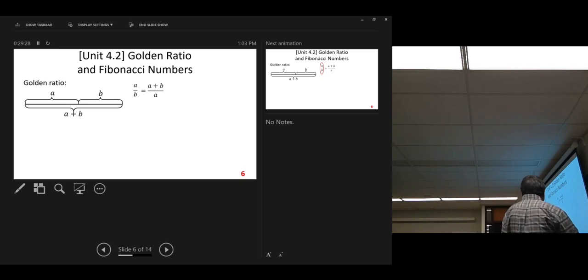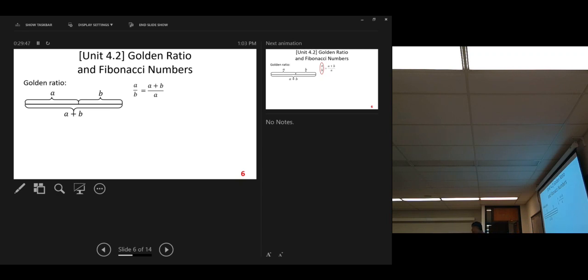All right, let's calculate this ratio. Suppose we have this relationship. How to find the ratio A over B? It's a simple math problem, so let's solve this equation.